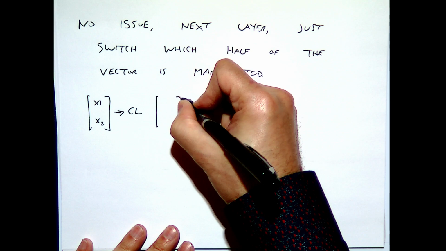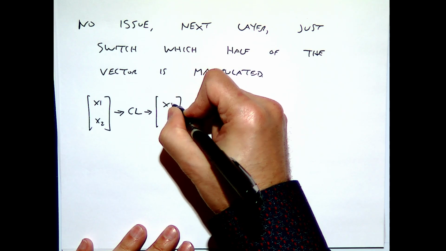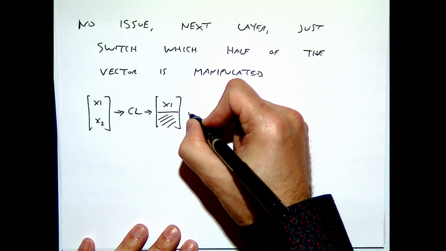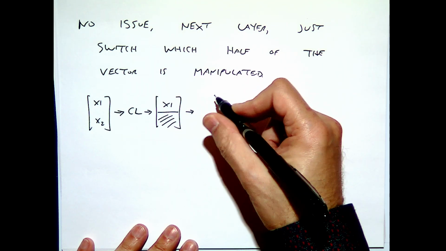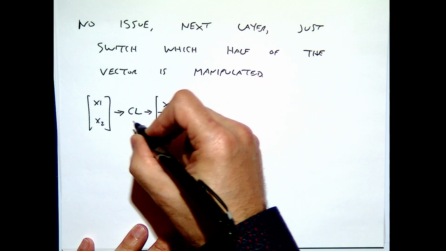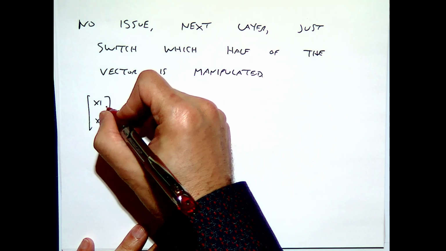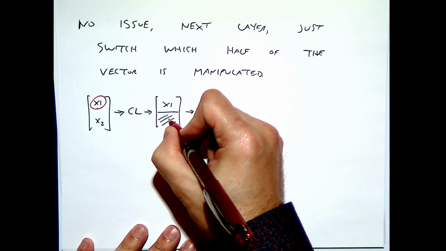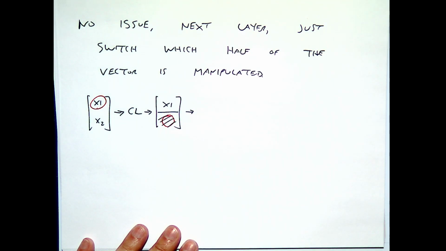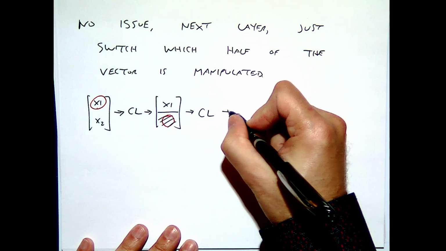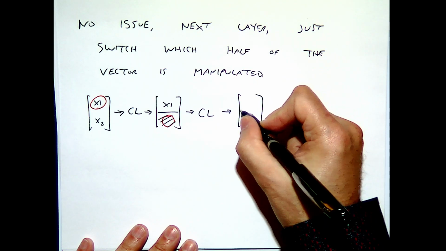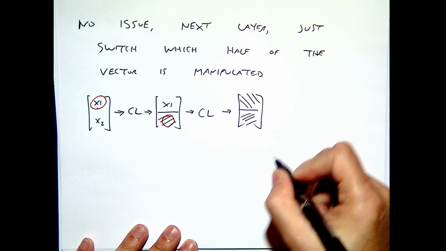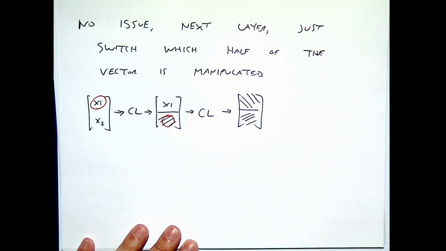Then I'm going to do something where x1 stays the same, and now this part has been manipulated, right? Then I'm going to put this through another coupling layer, except I'm going to apply the coupling layer to this part of the vector. And now I'm going to manipulate it so that this part stays the same, and now this part gets transformed, right? And then if I wanted to, I could keep on doing that, right?